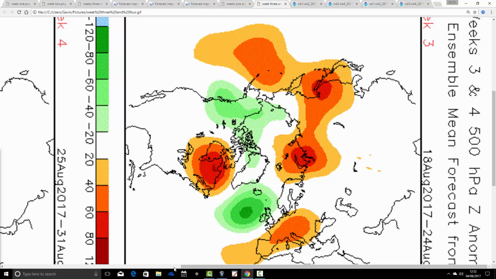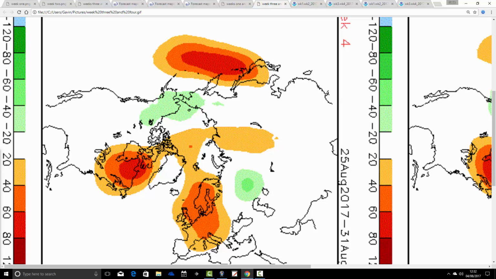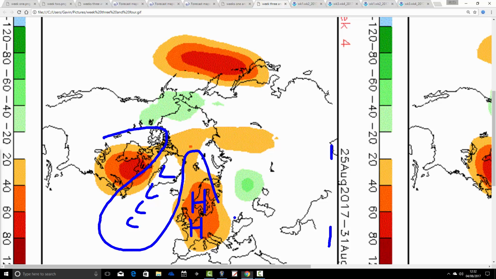but never truly settling down until we get to week 4, which takes us from the 25th through to the 31st of August. And now you see what's happened is that the ridge has properly strengthened and pushed northwards. So it's now covering many northern parts of Europe. That area of below average heights is probably penned in here somewhere, doing something a bit like that with the jet stream.